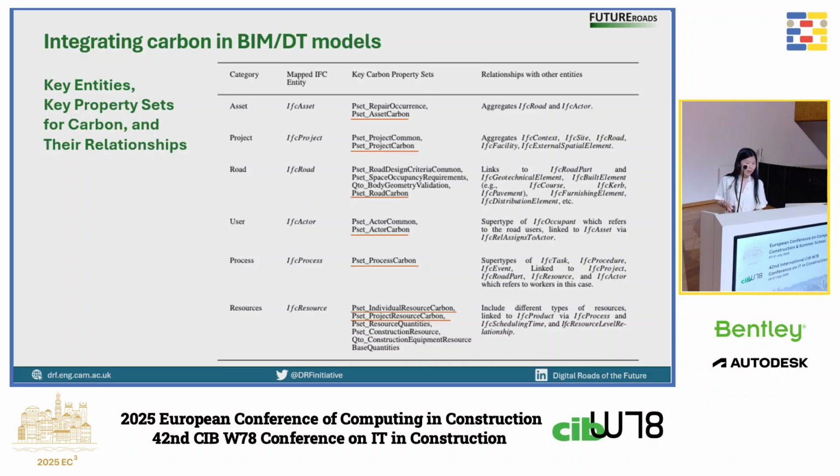By doing this, we can include the carbon-relevant property sets into the digital twin. And we also try to use what is there as much as possible. For example, for the resources, we can use the quantities and also the different types of quantity, construction resources, and all that as much as possible.